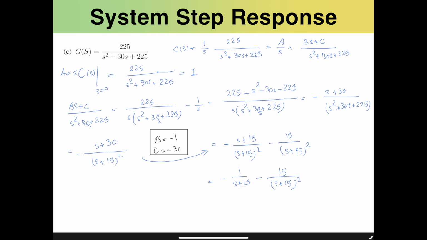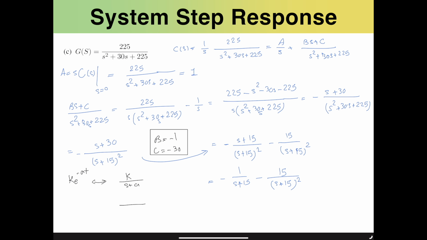Now's the time to make use of the inverse Laplace transform table, because these are the simplest forms that we could get. The first term is obviously an exponential form that is evaluated with the coefficient of 15 over here. So we know that the expression in time, that is k e to the minus at, is equivalent with k divided by s plus a in the frequency domain.